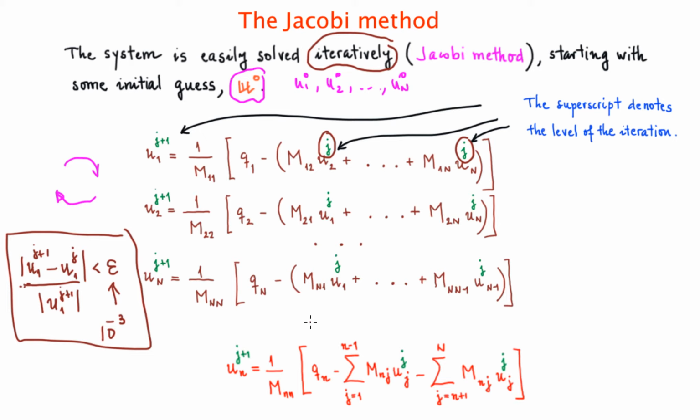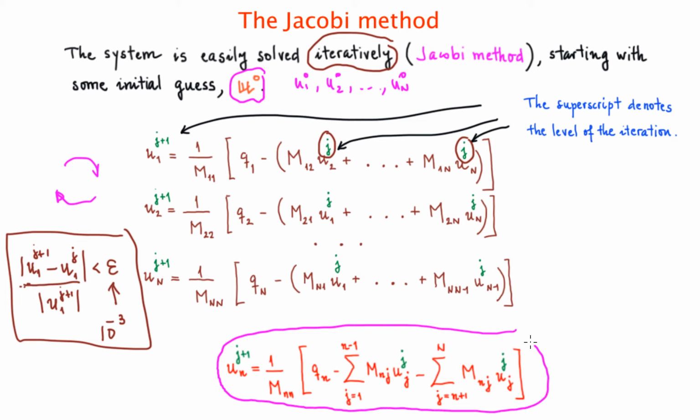Actually, it's interesting to see that this system of equations can be rewritten in a more shortened way. For example, the subscript n will go from 1 to n, that will correspond to all the different equations we have here. And in these summations, the summation of different products of m times u, you can see there are n minus 1 different summations here.